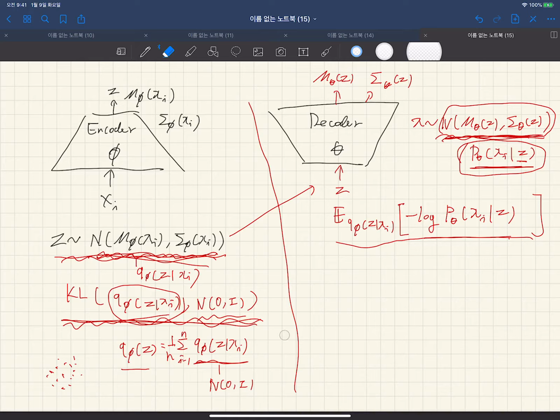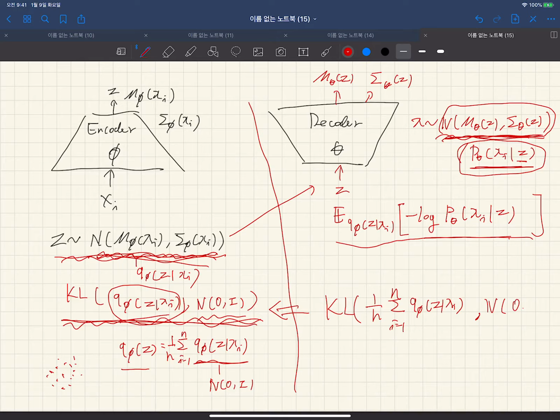So a more precise or more well-defined loss function may be the KL divergence between 1 over n sum i = 1 to n q_φ(z|x_i) and normal distribution, zero mean and identity variance, because we want to make this mixture of distributions close to normal distribution, zero mean and unit variance.